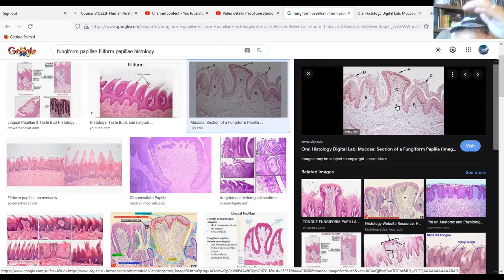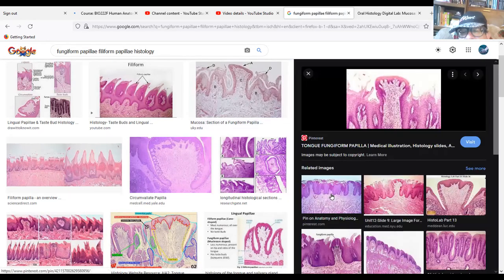It's wider than the stem of the mushroom. That's what they're shooting for. So this is another nice one. It's easy to see. So yeah, let's go back to the PowerPoint. That would be more useful anyway.